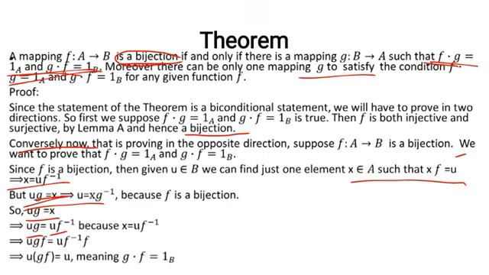How did I get that? Because I know that X is this, right? That's what this is. So if I multiply both sides by F, this side multiply F here, multiply F here, you get this next line here. This goes to identity, right? That's how I got this term here.